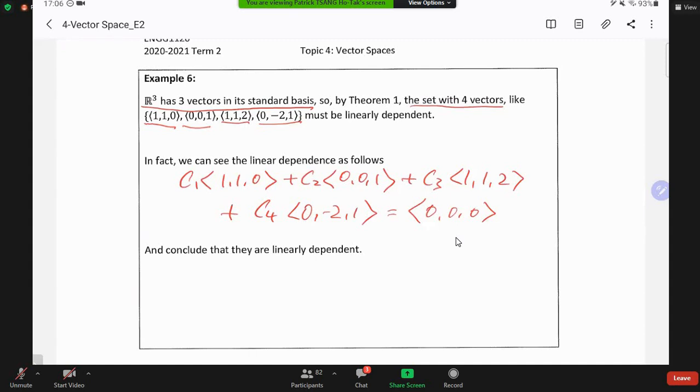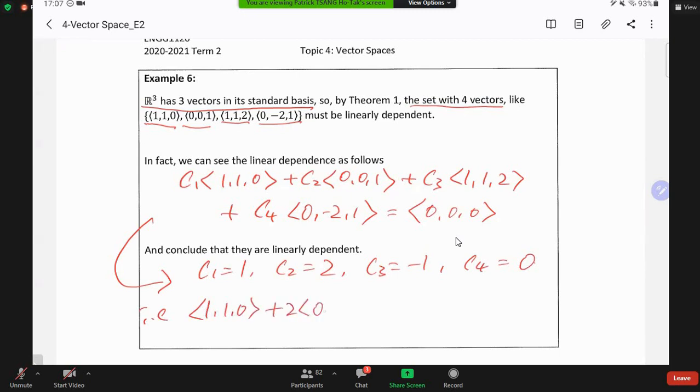After some algebra, some addition and multiplication, we see that C1 equals 1, C2 equals 2, C3 equals -1, and lastly C4 equals 0. In other words, the linear combination equals a zero vector.